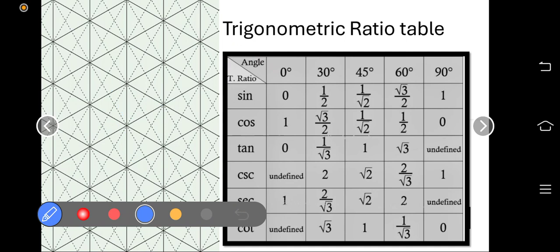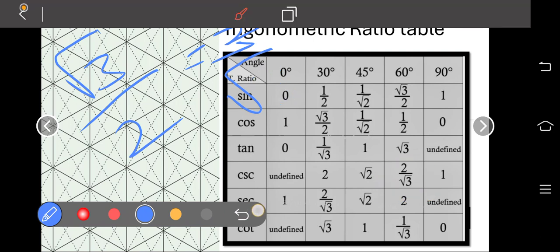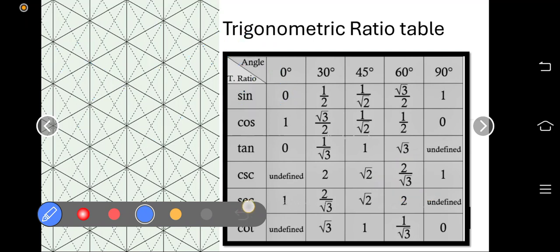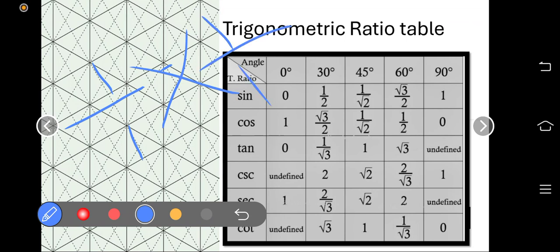Coming to 60, root 3 by 2 is equal to 2 by root 3. Next, 90. So sine 90 is 1. So 1 upon 1 is equal to 1. This is how you do for cosecant.